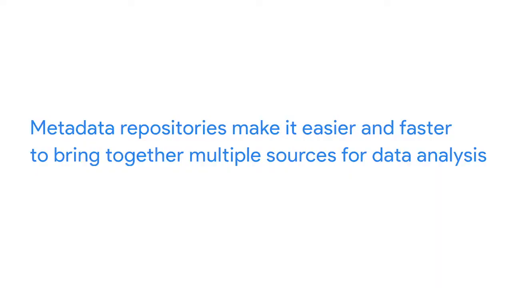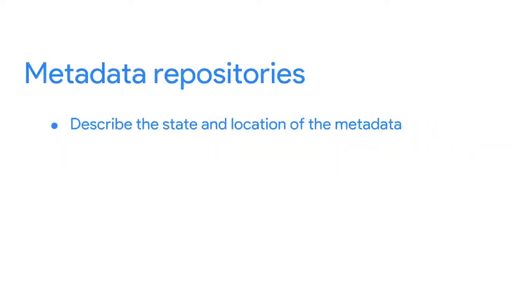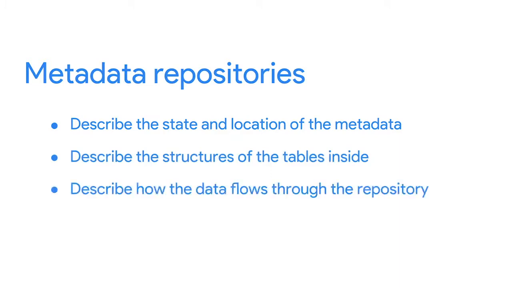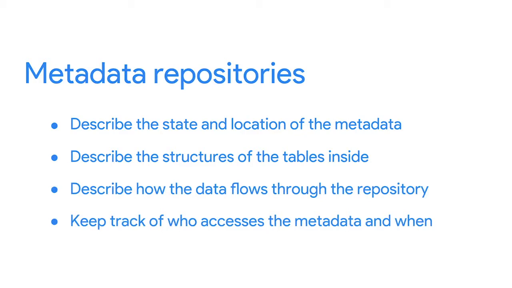These repositories describe where metadata came from, keep it in an accessible form so it can be used quickly and easily, and keep it in a common structure for everyone who may need to use it. Metadata repositories make it easier and faster to bring together multiple sources for data analysis. They do this by describing the state and location of the metadata, the structure of the tables inside, and how data flows through the repository. They even keep track of who accesses the metadata and when.